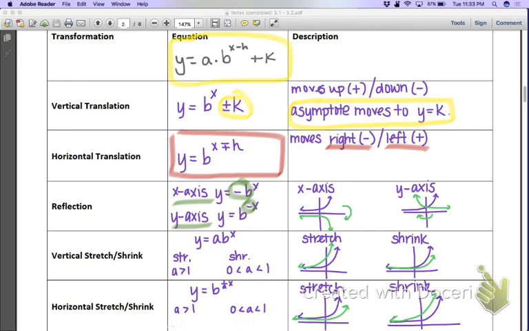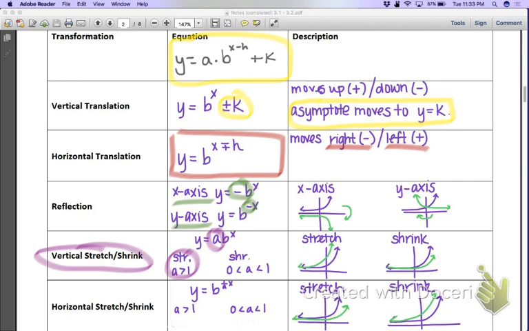Now whenever we have our a value out in front, that's our scale factor, and that's going to deal with the stretch and the shrink vertically. If a is bigger than 1, not talking positive or negative, just looking at that value being above 1.